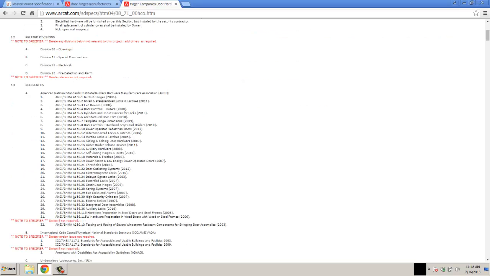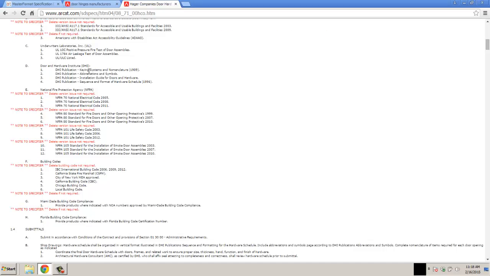They have some testing information for different types of door hardware. It's in Division 8, which is part of openings, meaning doors and windows. Building codes, IBC, International Building Code, California. So if I'm not concerned about the California State Fire Marshal or the City of New York, these are things that I would delete.